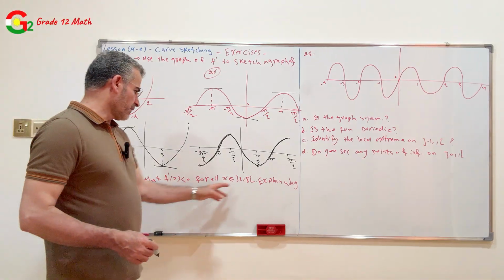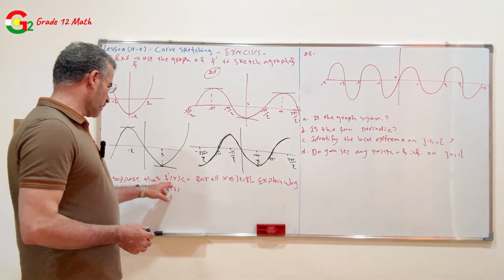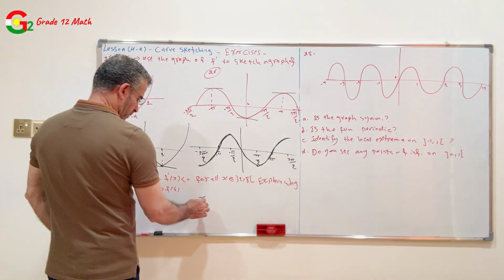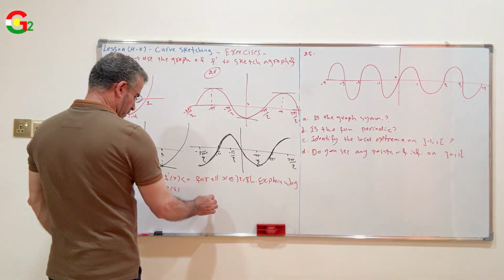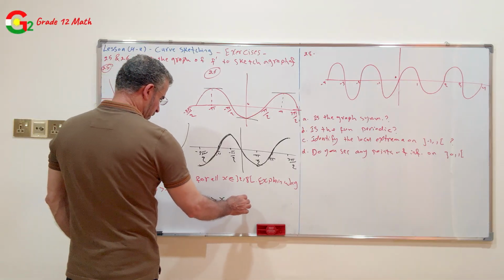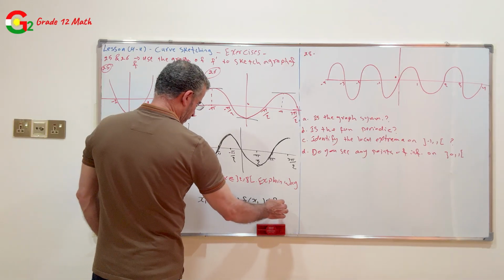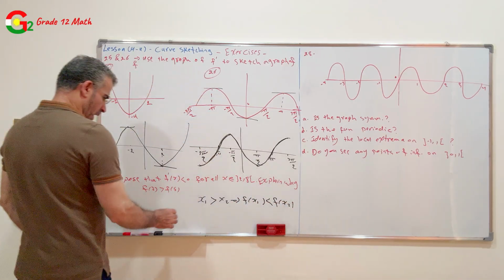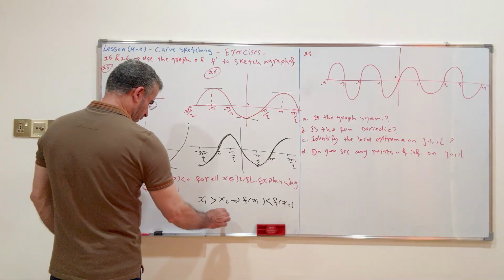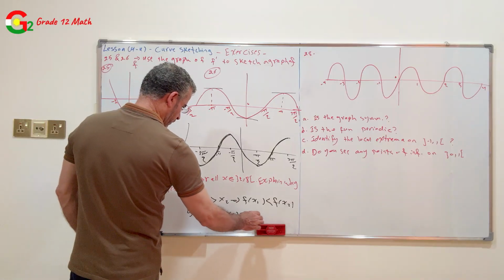Since 3 and 5 belong to the open interval 2 to 8, and the function on this interval is decreasing, then the rule is when x1 is greater than x2, then f of x1 is less than f of x2. And since 5 is greater than 3, therefore f of 5 will be less than f of 3.